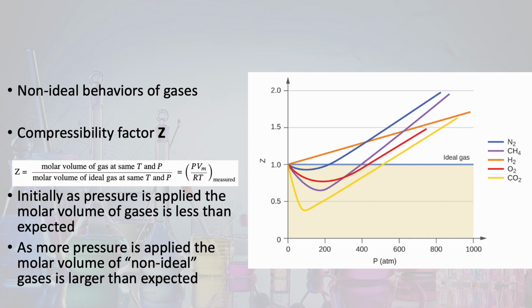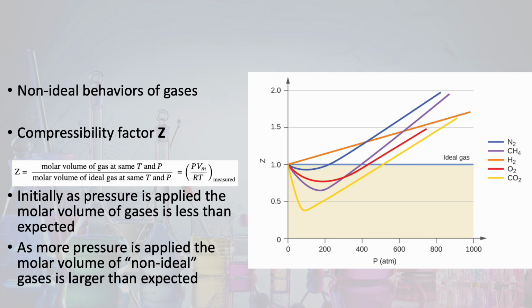But if we apply these pressures to real gases, and then take some measurements, plug in our molar volume of gas for those variables we've changed, temperature and pressure, we can plot our Z value.